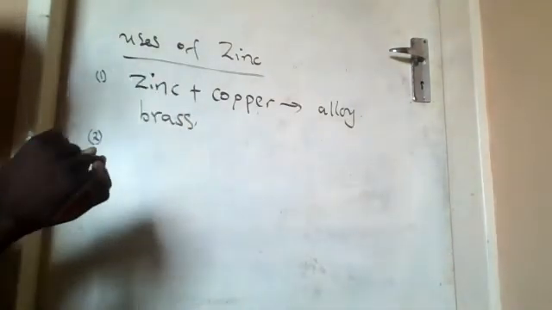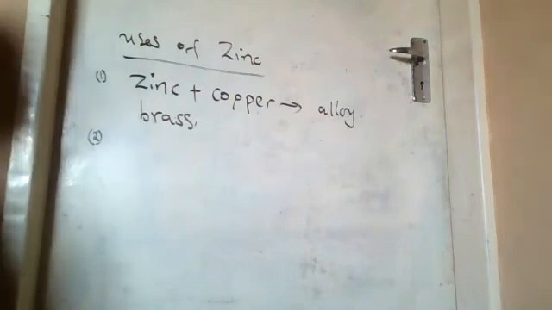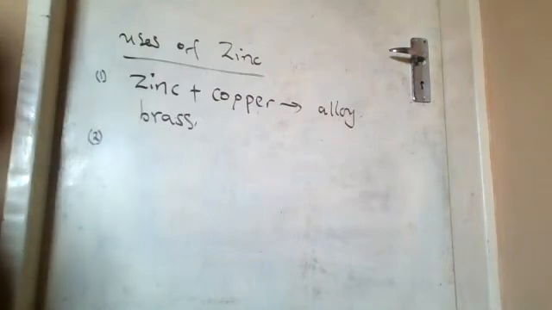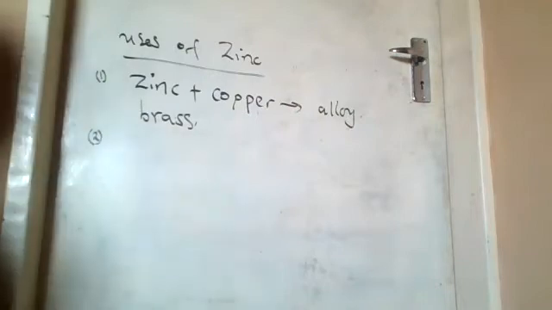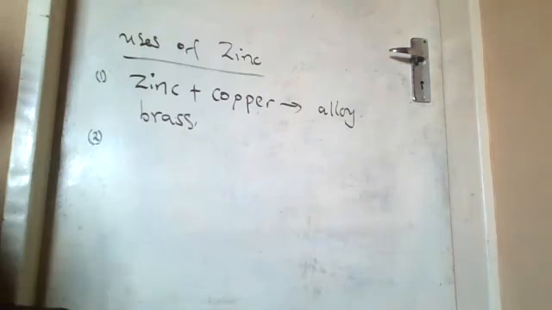Iron itself, the iron that we looked at the other day, its extraction, pure iron is very soft. And pure iron can rust very fast and very easily. So if you want to prevent the iron from rusting, they do what we call galvanizing.